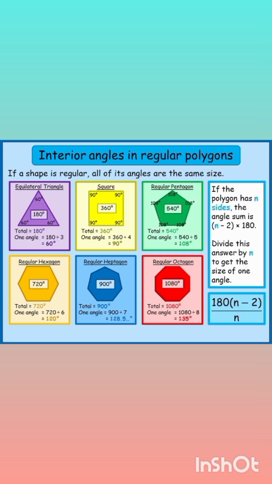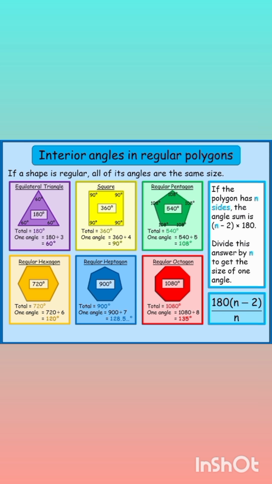Then we can conclude the sum of inner angles of different types of regular polygons. First, a triangle is 180 degrees. Next, a rectangle is a four-sided polygon. So n minus 2 is 4 minus 2, that is 2. So 2 into 180 is 360.